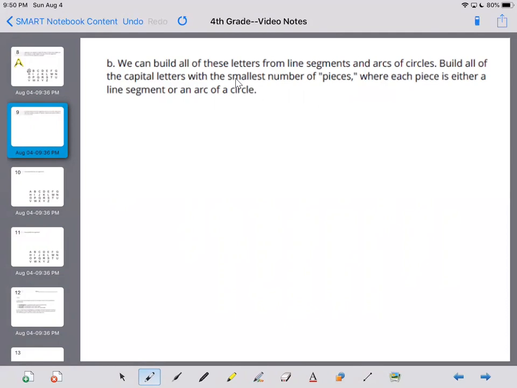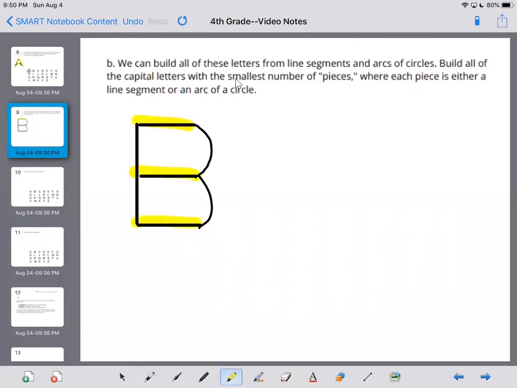And if you look at the letter B, it kind of looks like E, but we have the curves, okay? So B can be made from 1, 2, 3, 4 line segments and then two semicircles.